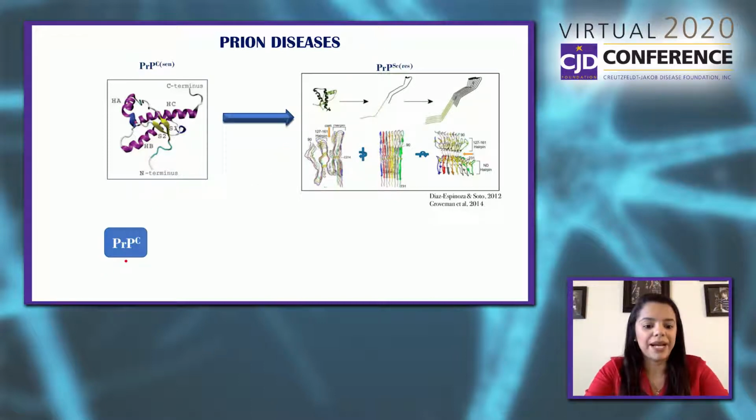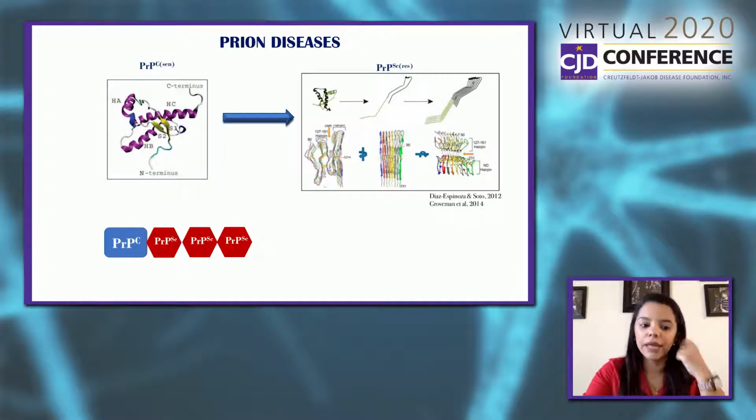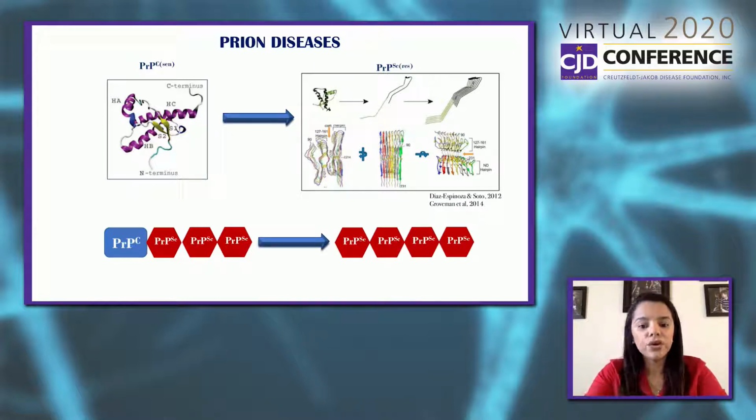The cells in our body produce the normal prion protein, but once PrPSc is present, this pathogenic isoform is able to convert the normal prion protein and make new copies of the pathogenic isoform, leading to the accumulation of PrPSc both inside and outside the cells. And the ones that are outside are then available to infect other cells. This is how the disease is spread through the brain.